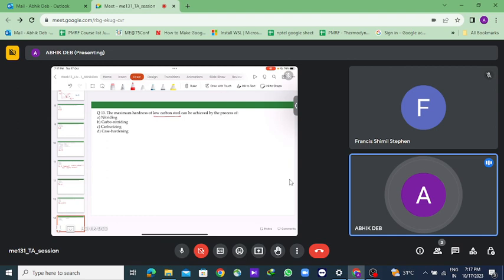we don't need to heat up to the austenitic state for the diffusion of nitrogen atoms into the surface. The nitriding is actually carried out in an ammonia environment where the ammonia is broken into nitrogen and hydrogen, and this reaction basically occurs in the range of 500 to 550 degrees.